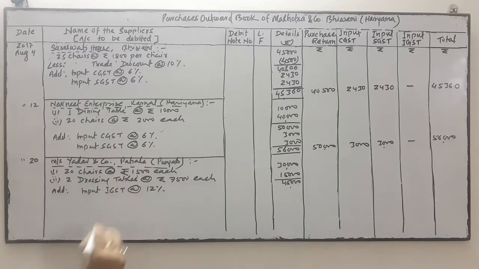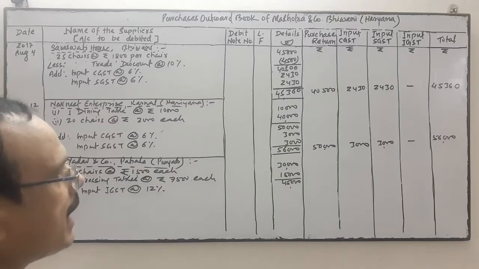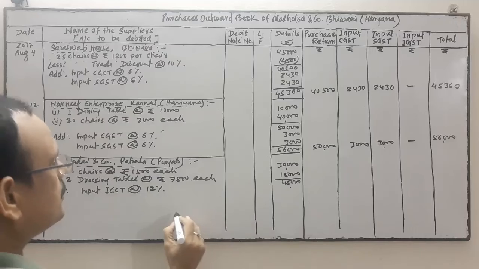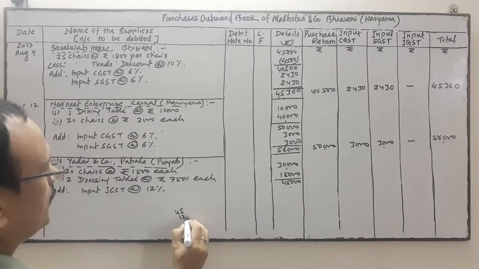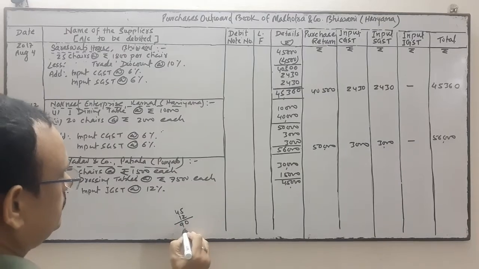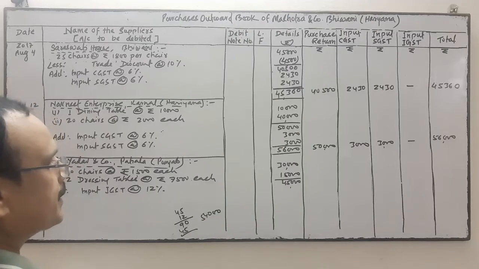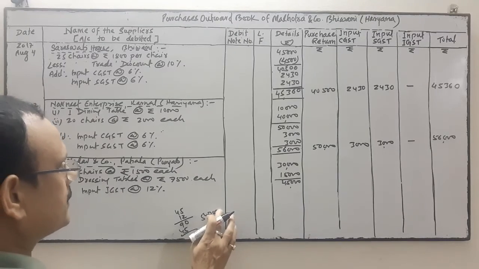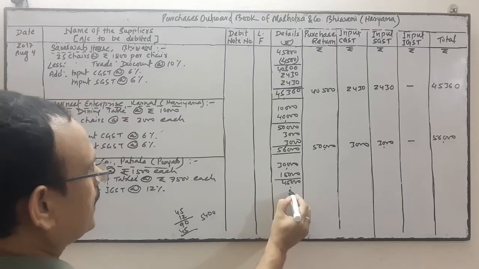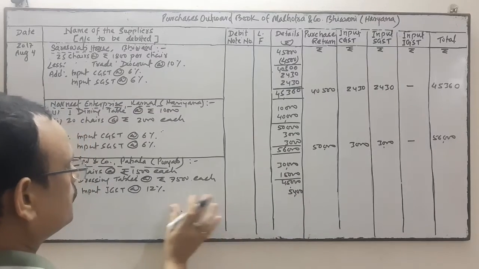Both percentages will be clubbed, 6 plus 6, 12% will now be IGST. So 12% of 45,000 is 5,400.